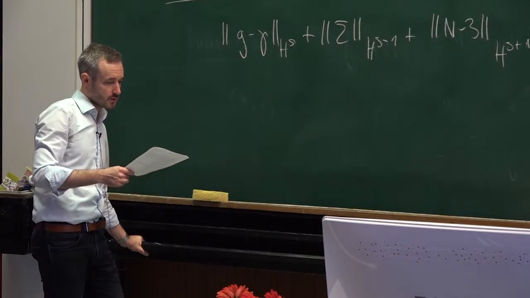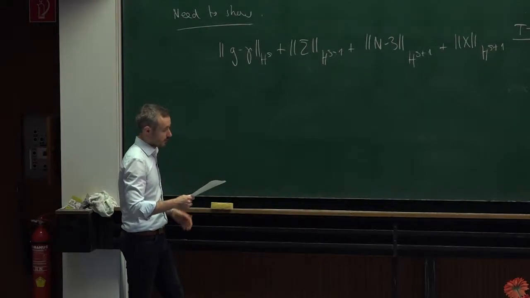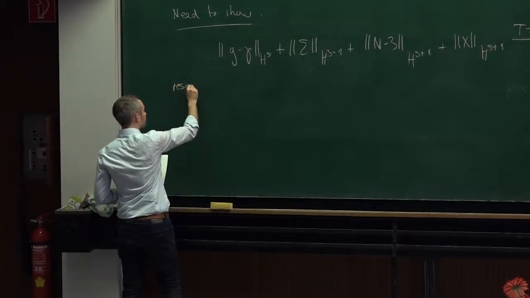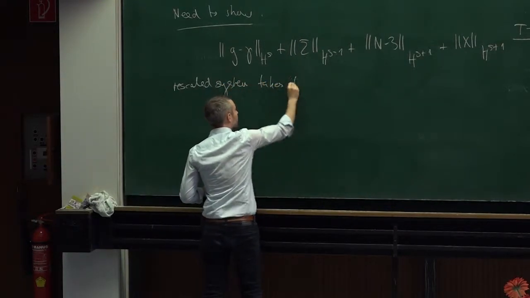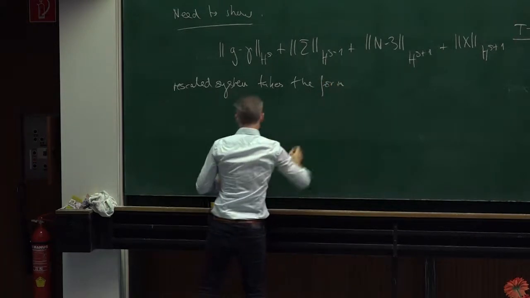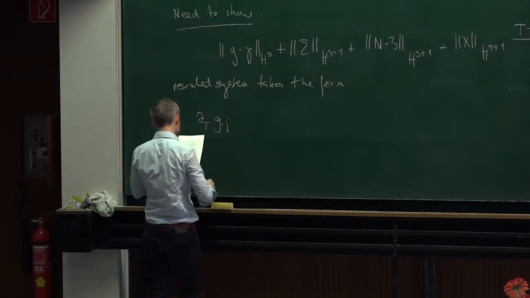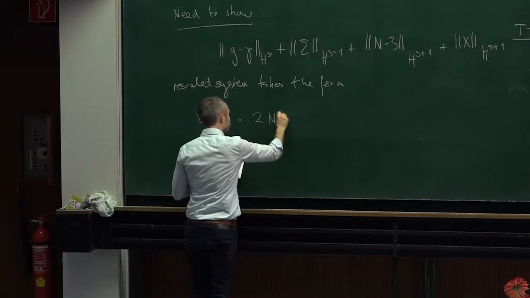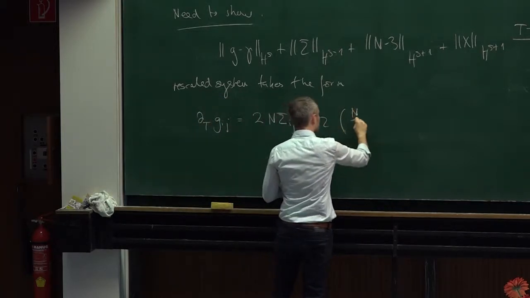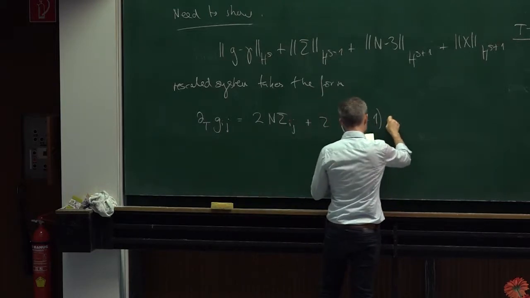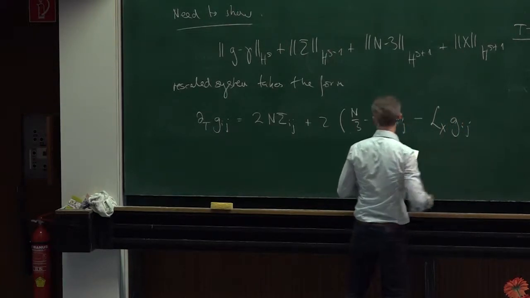Okay. So let's see how the system now looks in these quantities. The rescaled system takes the following form. dt of g_ij equals 2n sigma_ij plus 2 (n over 3 minus 1) g_ij minus the derivative of g_ij.